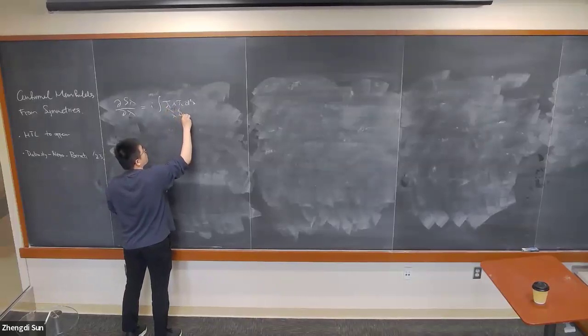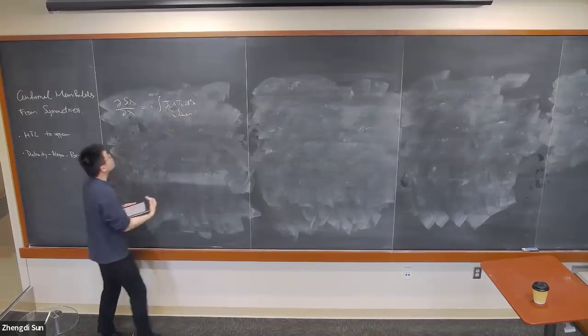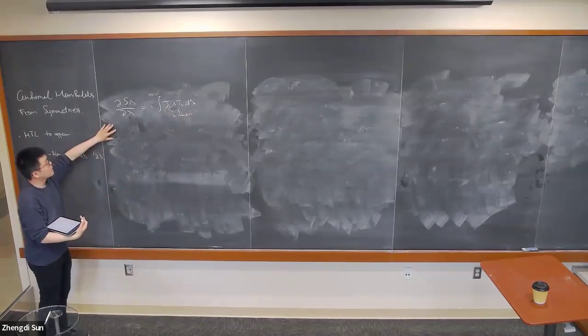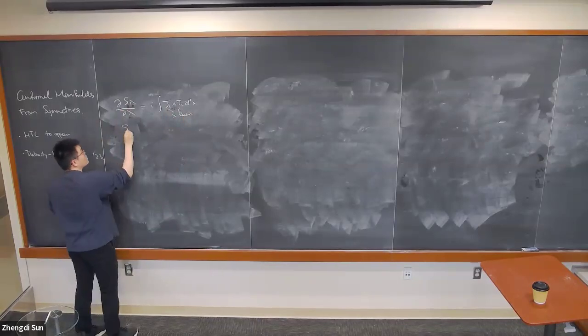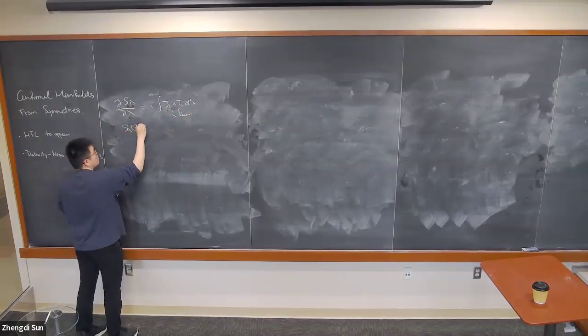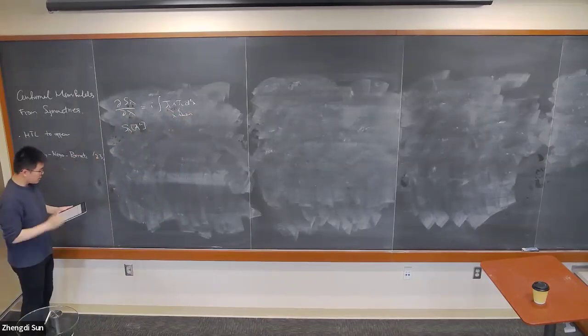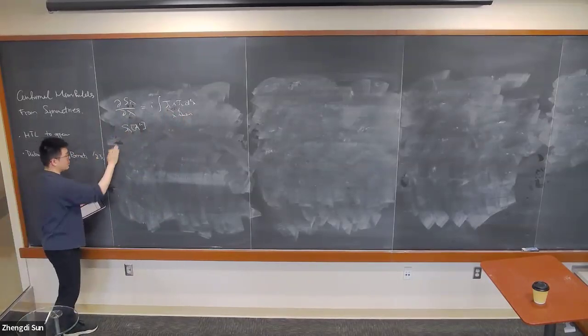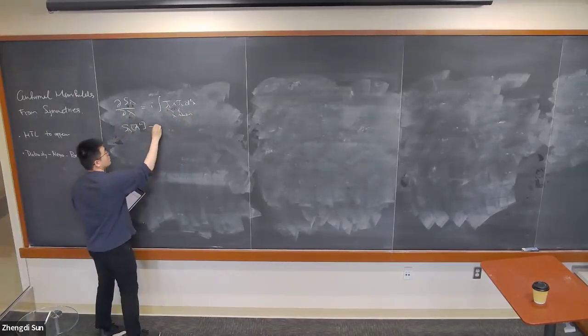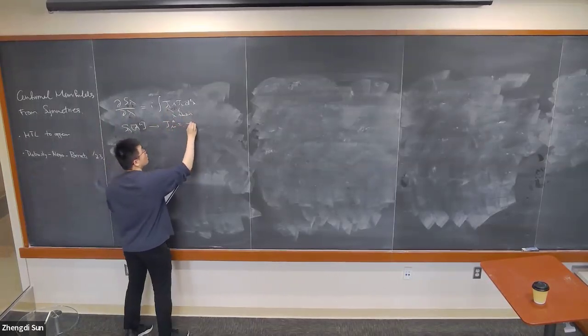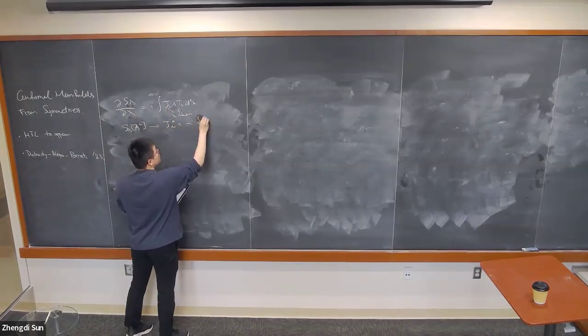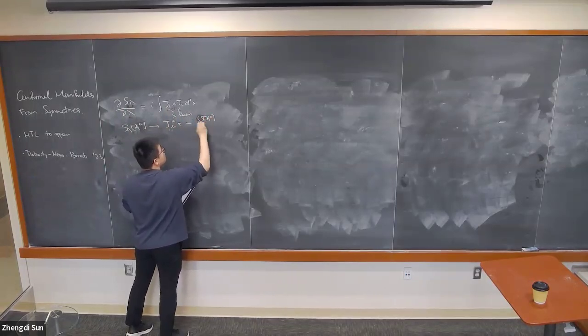So the better way to do it is to keep track of not just the action itself, but the action when it couples to background gauge fields. Because if we have the action coupled to background gauge fields, then we can extract the current for free by taking the derivative of the action with respect to the gauge fields.